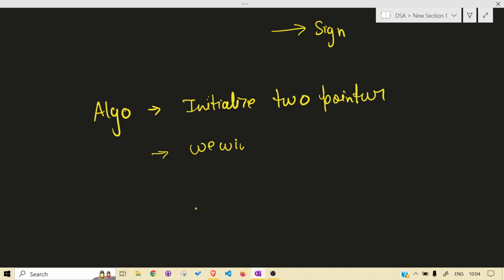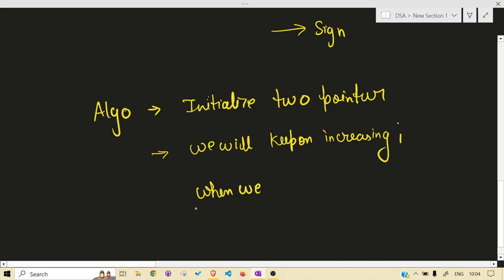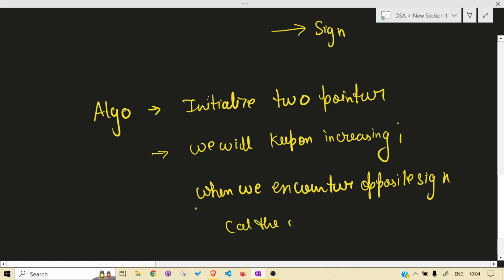We will keep on increasing the i, and when we encounter an opposite sign, what we do is calculate the enemy forts captured. This much is clear.